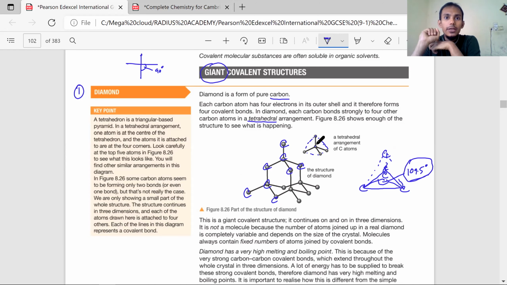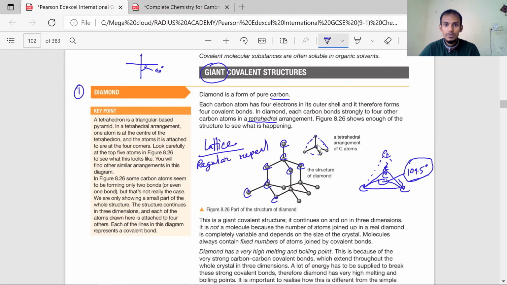Each carbon atom is joining with 4 other carbon atoms in a tetrahedral arrangement. এই arrangementটাকে আমরা ল্যাটিস স্ট্রাকচার বলি। ল্যাটিস মানে হচ্ছে রেগুলার রিপিটেশন অফ প্যাটার্ন, মানে একই জিনিস বারবার করে কন্টিনিউ করতেছে। সিন্স ইট ইজ এ রিপিটেশন, সো দ্যাটস ওয়াই ইট ইজ আ ল্যাটিস স্ট্রাকচার। ঠিক আছে, বোঝা যায়?